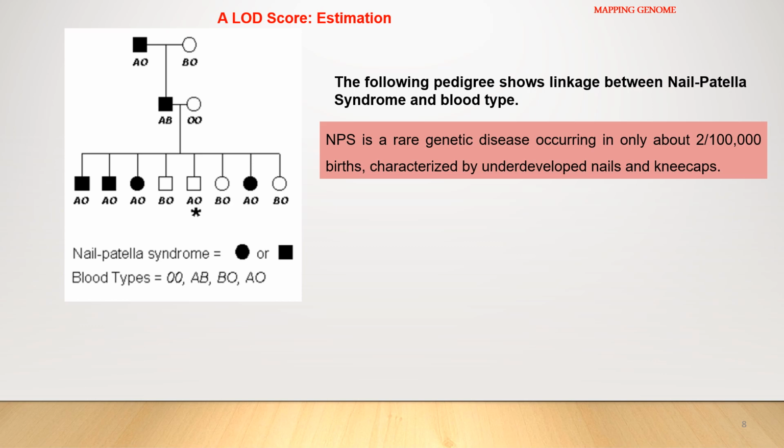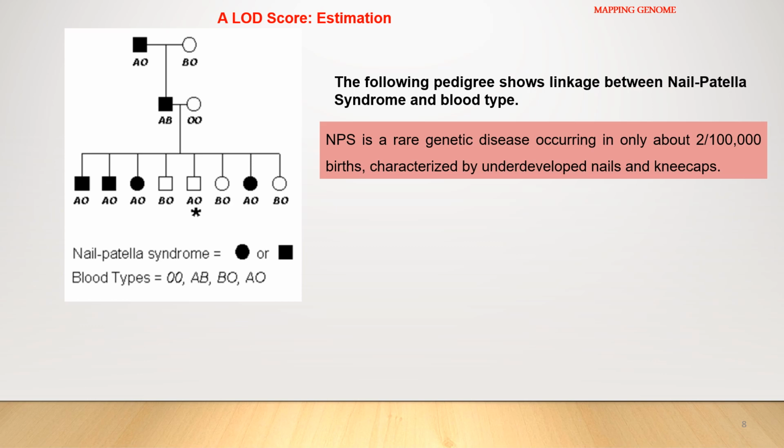The first thing that we need to know is the pattern of inheritance. Here, the mode of inheritance of the syndrome is seen to be autosomal dominant, as the syndrome is present in each generation irrespective of gender.